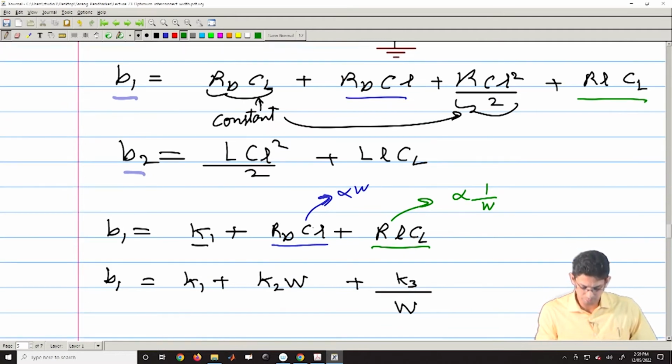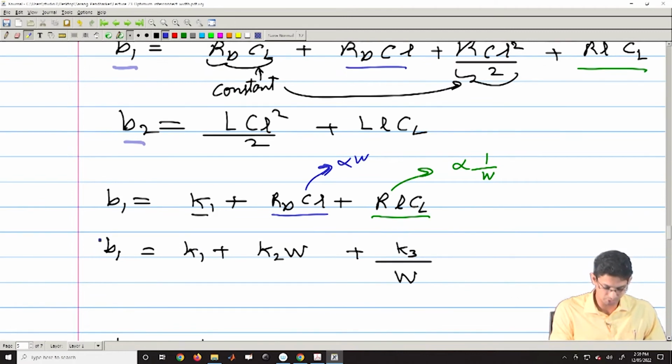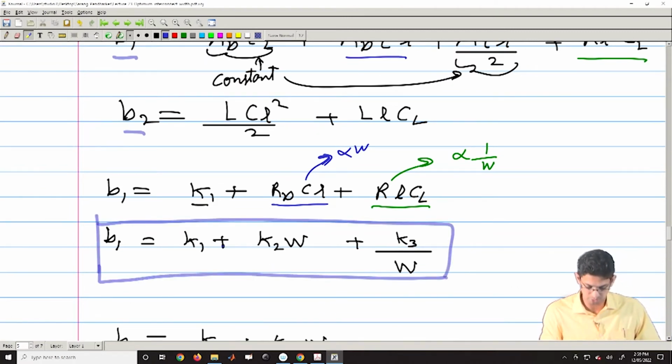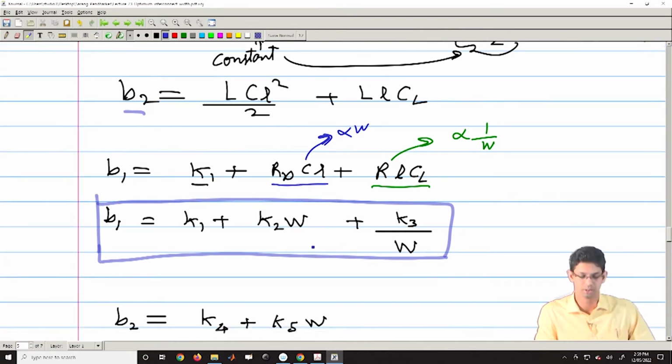So, I can write B1 as K1 plus K2 omega plus K3 by omega. These K1, K2, K3 are some constants, just to get a qualitative idea of how this function will behave as a function of omega. So, this is for B1.